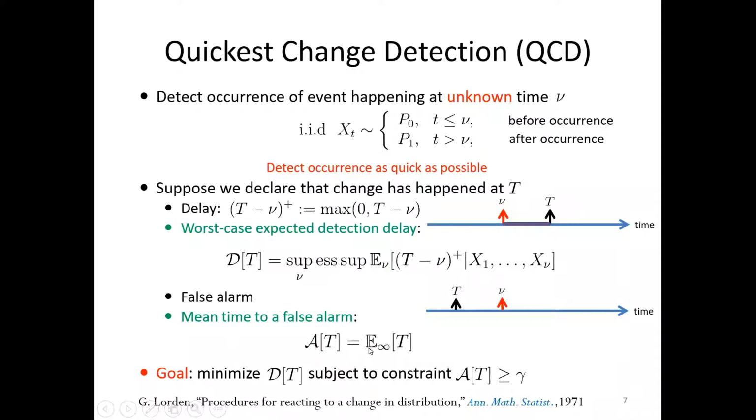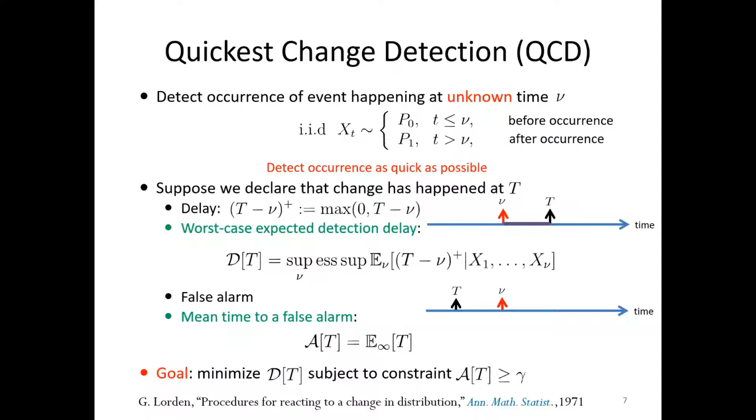Here this means that we assume that the change never happens. So basically this mean time to false alarm measures, on average, the time duration until we see the first false alarm.